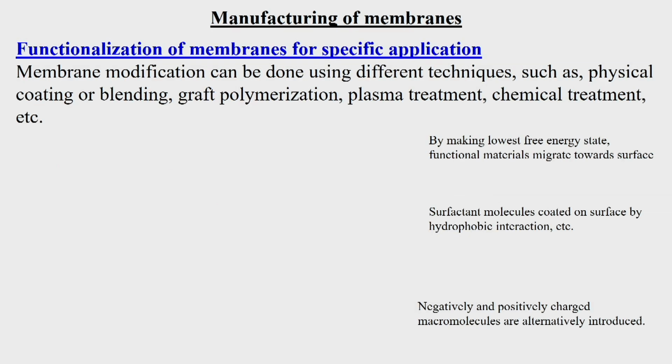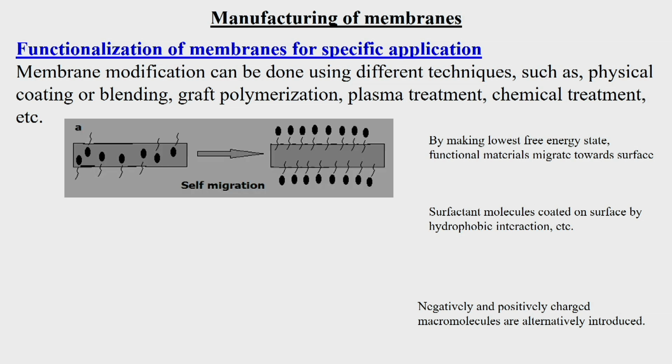And we can have some functionalization of the membrane for specific applications. This membrane modification can be done using different techniques, such as polymeric coating or blending, graft polymerization, plasma treatment, chemical treatment, etc. One is self migration, by making the lowest free energy state of these functional materials that migrate towards the surface.